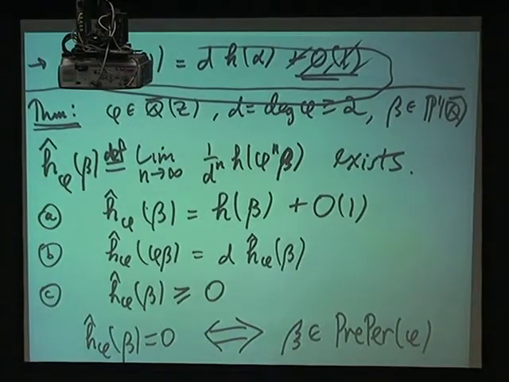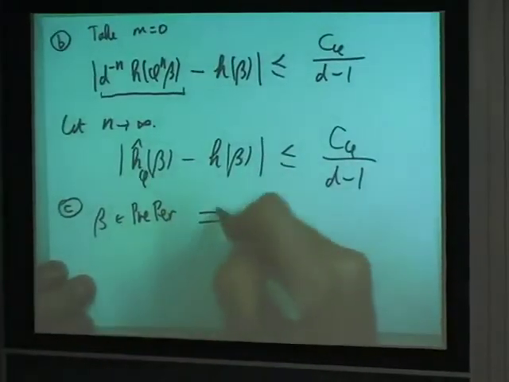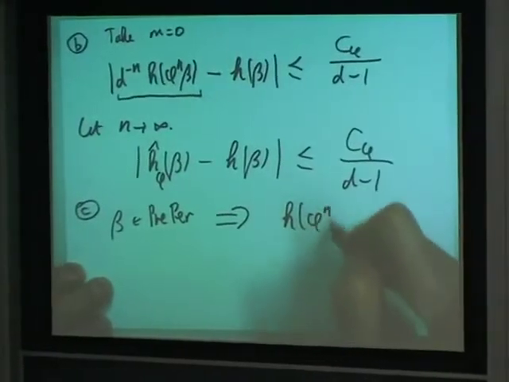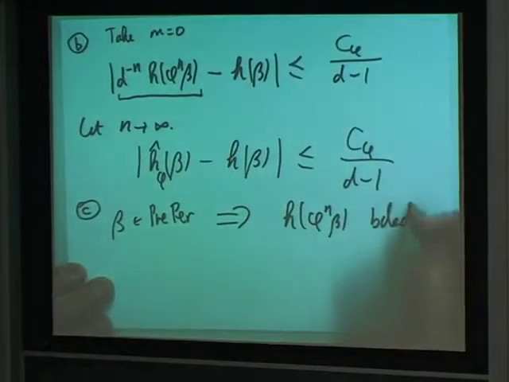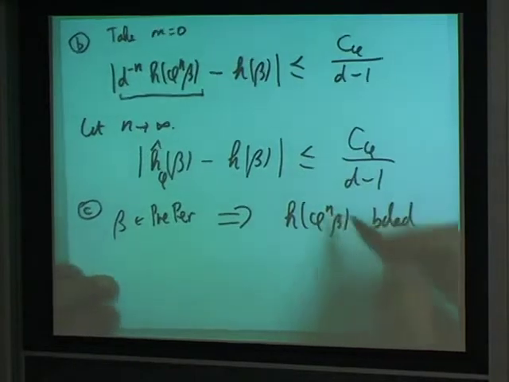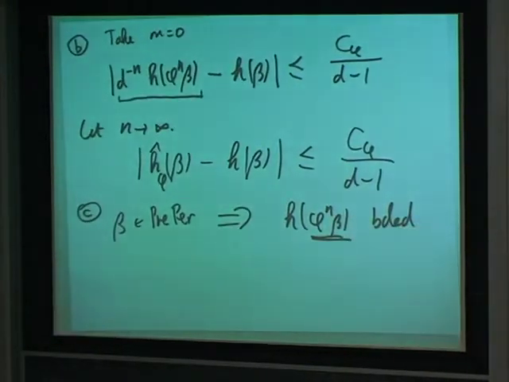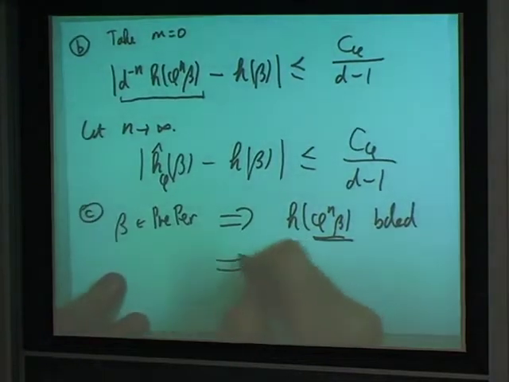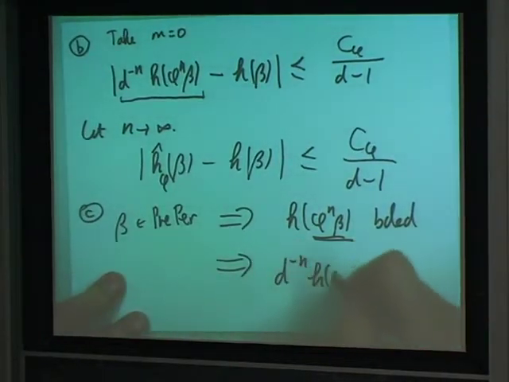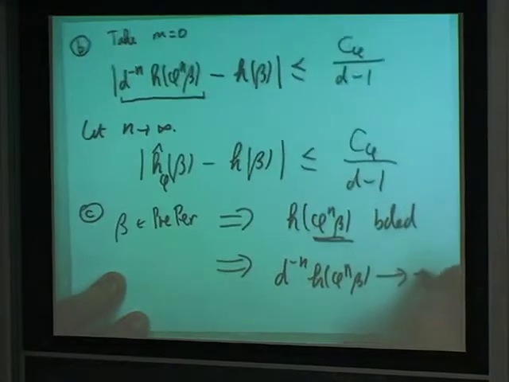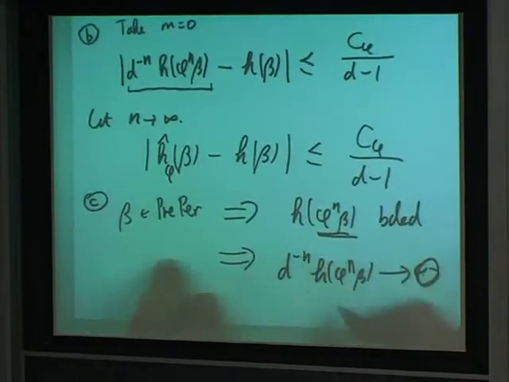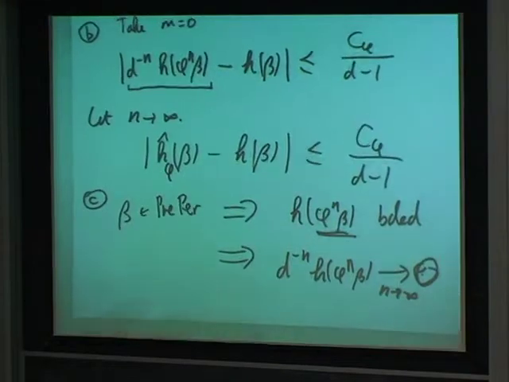If beta is preperiodic, that implies that the height of phi to the n beta is bounded, independent of n, because this set of points, as you increase n, just cycles through some finite set. So it only takes on finitely many values. So that certainly implies that d to the minus n, height of phi to the n beta goes to 0 as n goes to infinity. Right. So that part's easy.